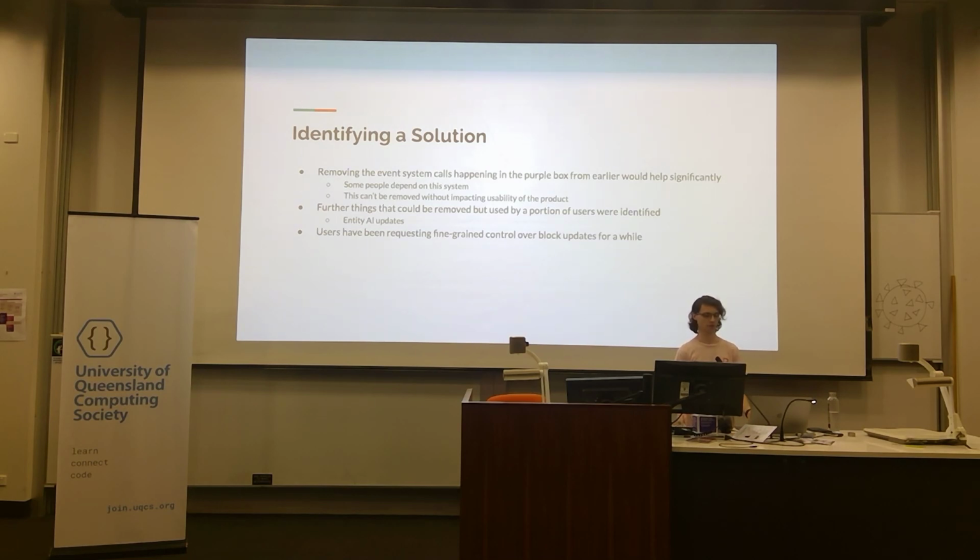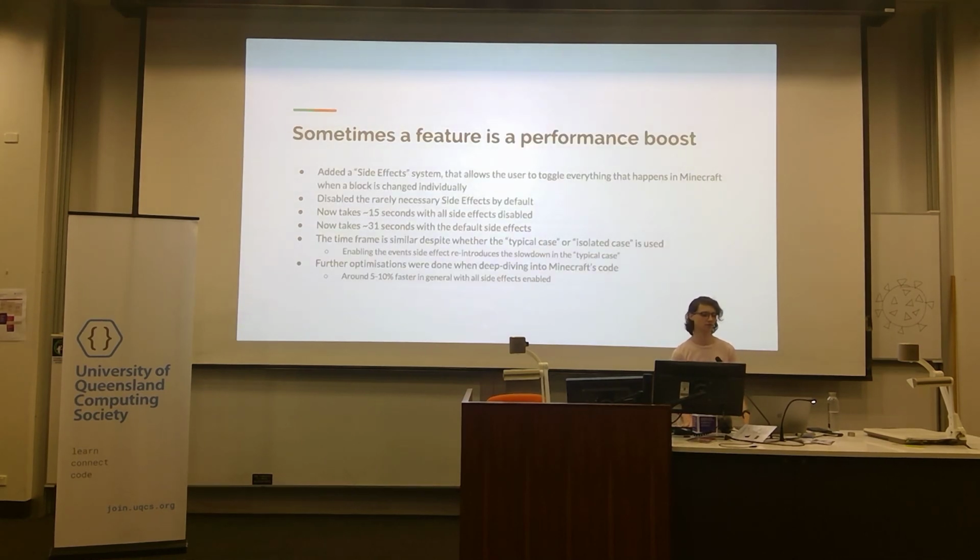We also looked into it further and found out that there are a few other things that most people would not need, however, some people do, such as updating the entity AI. Because people have also been requesting fine-grained control over what is actually updated for a fair while, we decided to create a new feature, which, as a side effect, produced massive performance gains.